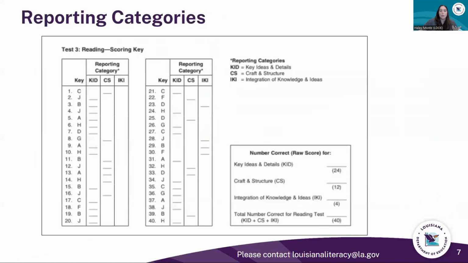And then this other chart that you'll see at the end of any ACT test, there'll be several of these actually, for each of the subtests, and it's the scoring key. What's important about these is that you'll see that there are reporting categories. On this one, it says KID, Key Ideas and Details, CS for Craft and Structure, and IKI for Integration of Knowledge and Ideas.